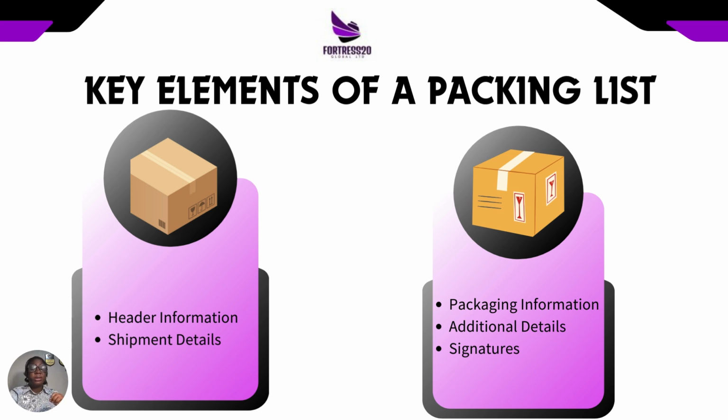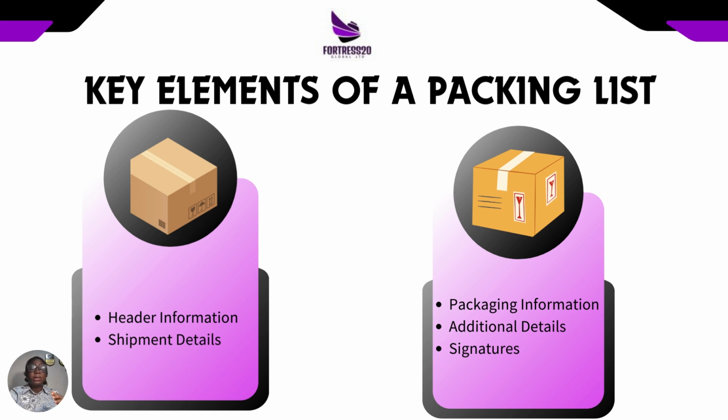The third element is the packaging information, which typically covers the package type, the number of packages, the dimensions, the weight, and the package numbering. The fourth element is special instructions, which will typically cover handling instructions and customs instructions, or any other additional information that needs to go with the product.